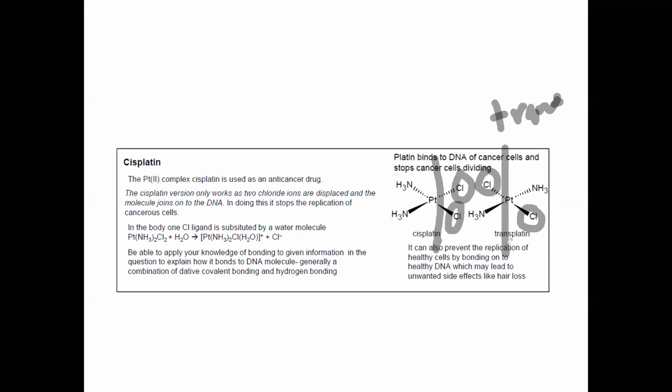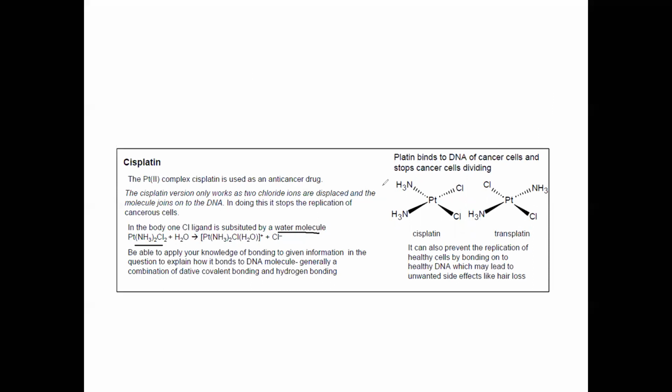So cisplatin or transplatin, these are the two complexes formed by platinum. Of these platinum 2 complexes, cisplatin is used as an anti-cancer drug. Basically, what happens in the body is that one of the chloride ligands is substituted by a water molecule. And this is how it works. You don't have to learn that.